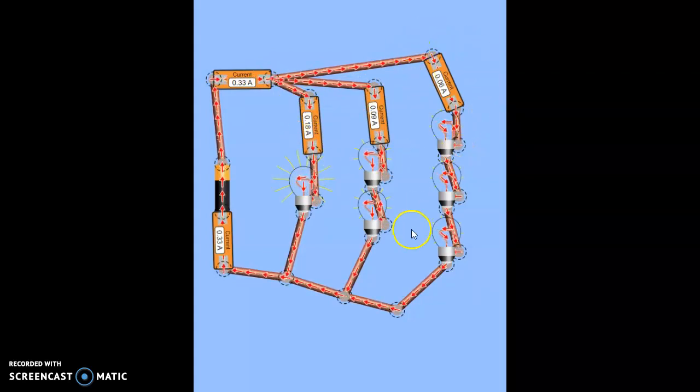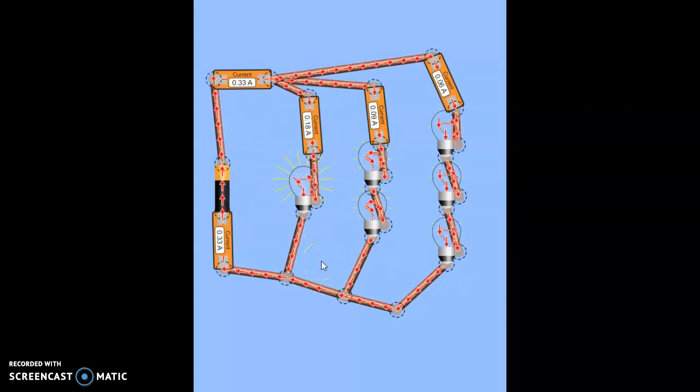This last branch that has the most resistance does get less of that flow than the first branch, which has the least resistance.